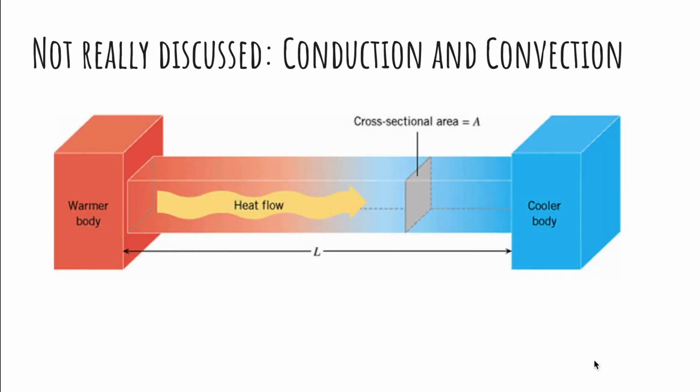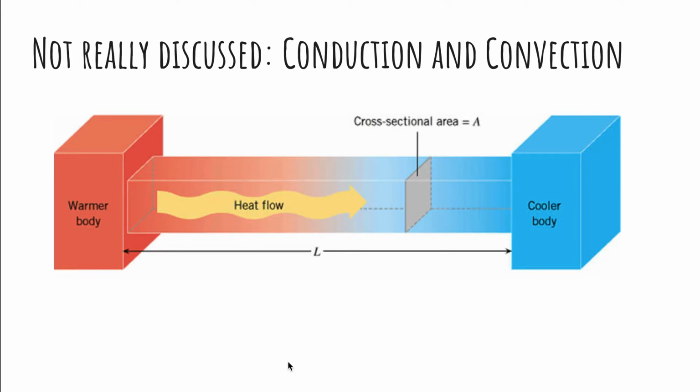But first, we'll do a quick review of conduction and convection. Conduction is the type of heat transfer that goes from a hot body to a cold body, and there has to be some contact in order for conduction to work. If you jump in a swimming pool on a hot day and it feels really cold, it feels cold because of conduction.